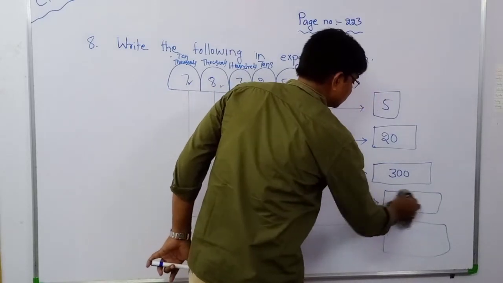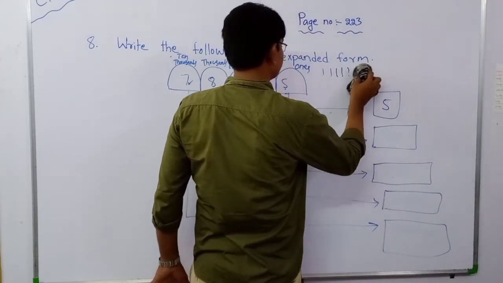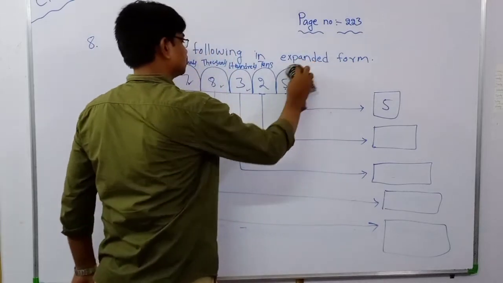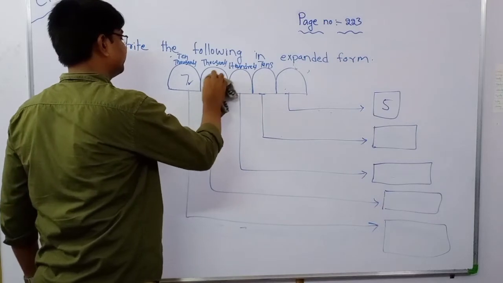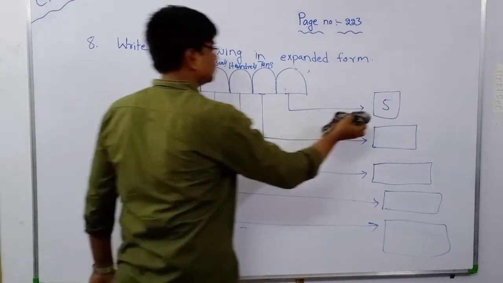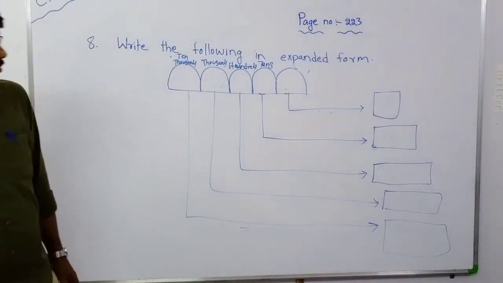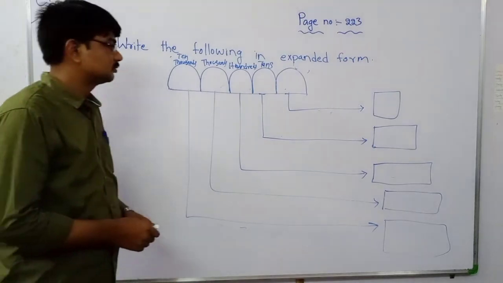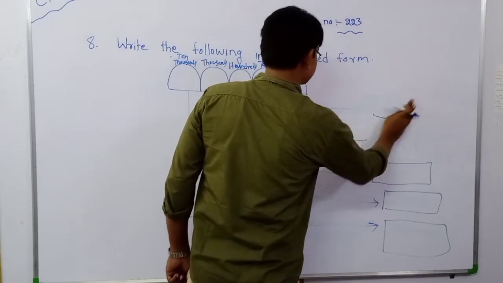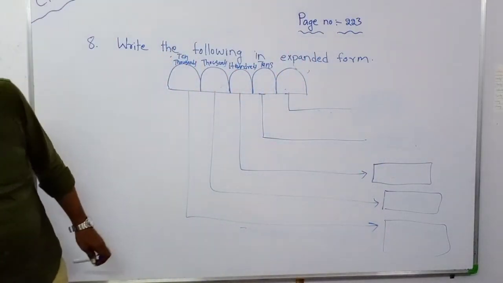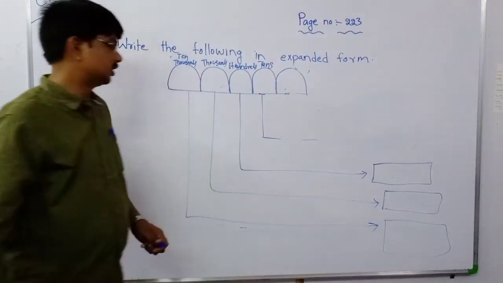This one is about a 6-digit number. Before, short form was given and we wrote it in expanded form for 5-digit numbers. Now let us deal with a 6-digit number.